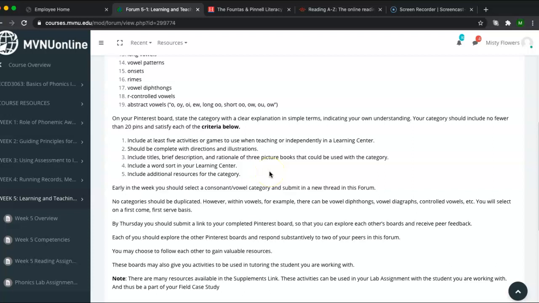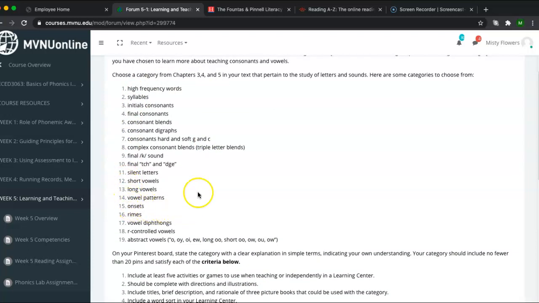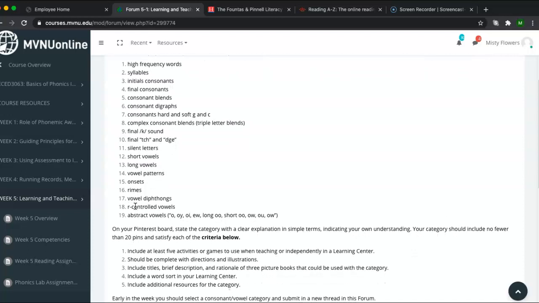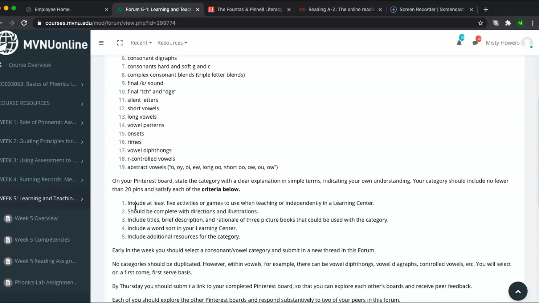So you're going to create a Pinterest board for one of these categories. You're going to have 20 pins on your board. You should include at least 5 activities or games that can be used when teaching or independently learning in a learning center.